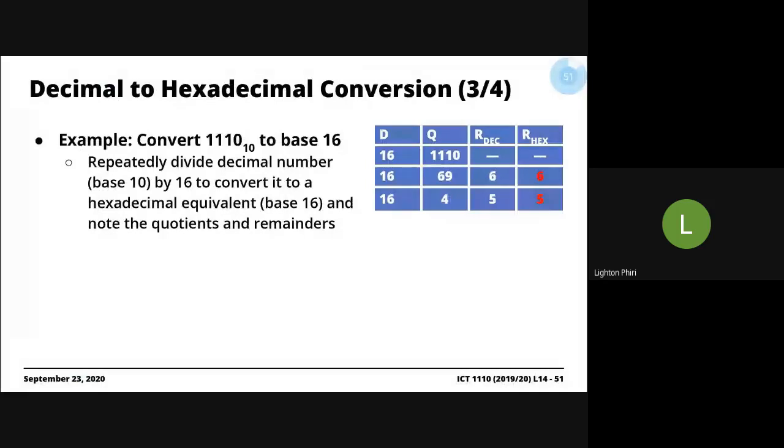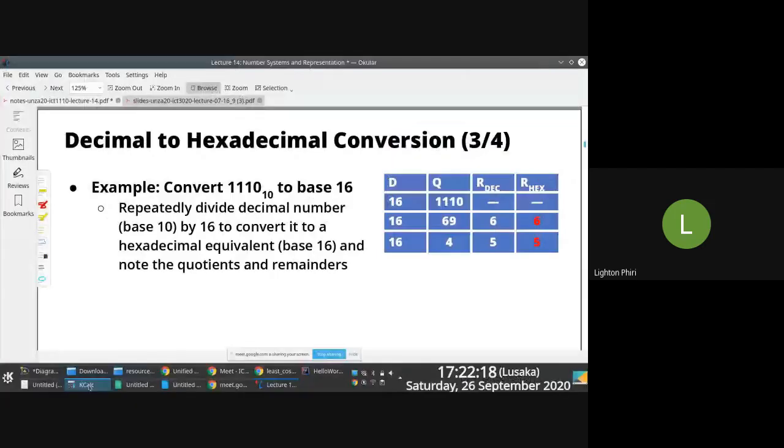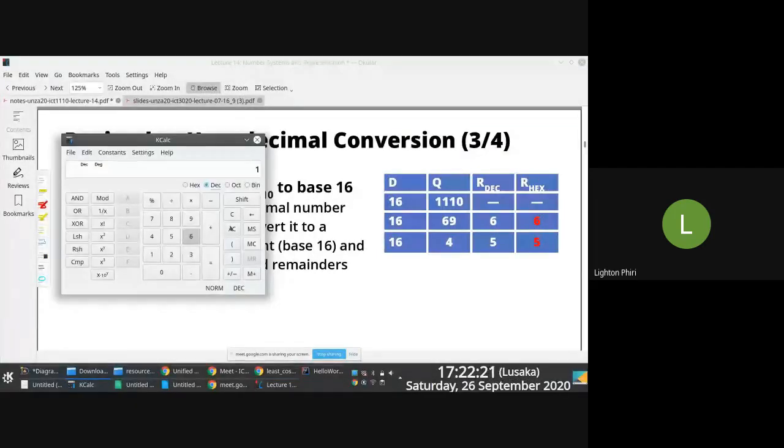All right. So the next step here is we are going to repeatedly divide what we had as the answer, which was 69, by 16. So 69 divided by 16 is going to give us 4.3125, or rather just 4. What is the remainder? We're just going to use Snyangwe's method here, we'll subtract 4, then times 16.